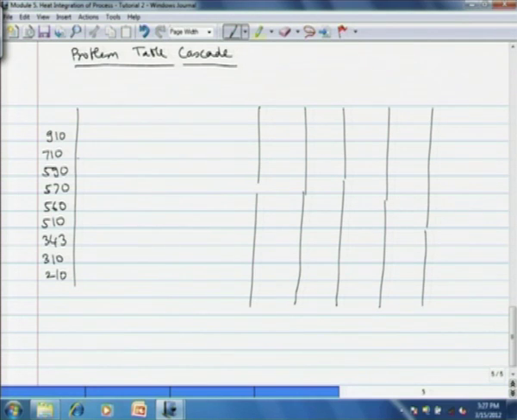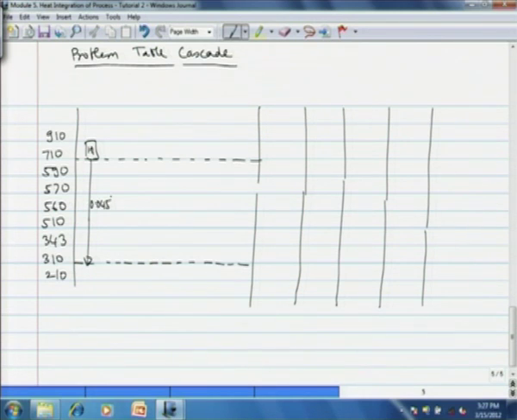The stream H1 goes from 710 to 310. It has a Cp of 0.045.